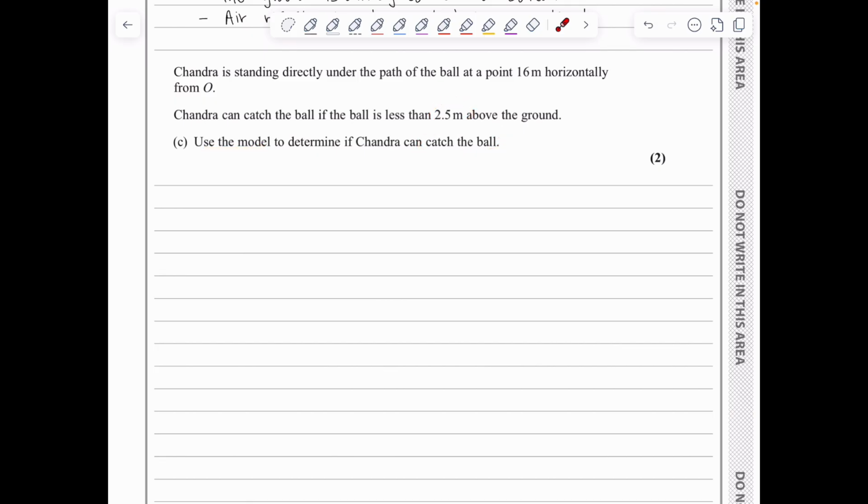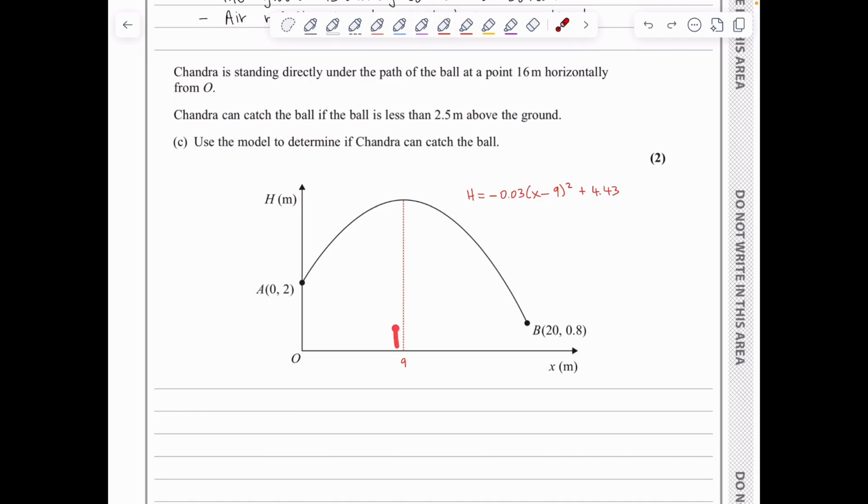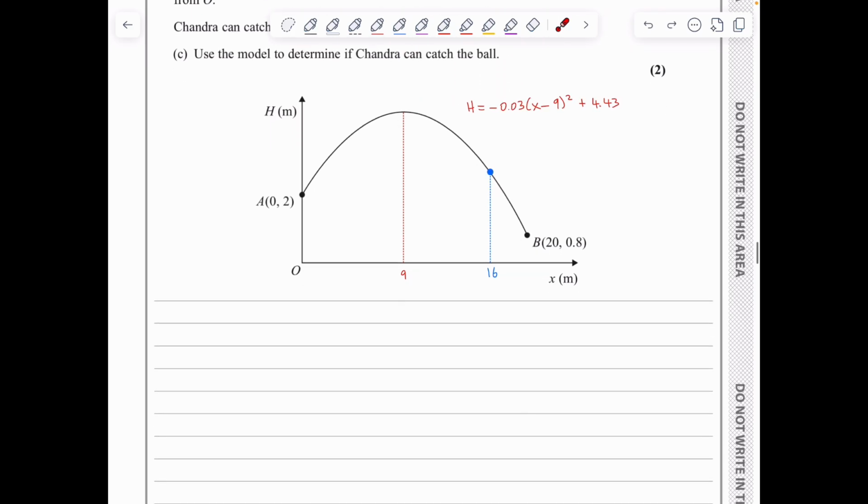So this is the situation here. We've got the maximum, we said, at 9. We've got the expression for capital H in terms of x. Now Chandra is standing exactly at this point here, and we need to determine the height. If this height turns out to be less than 2.5 meters, then we can conclude that she can catch the ball. So we simply need to evaluate capital H when x is 16.